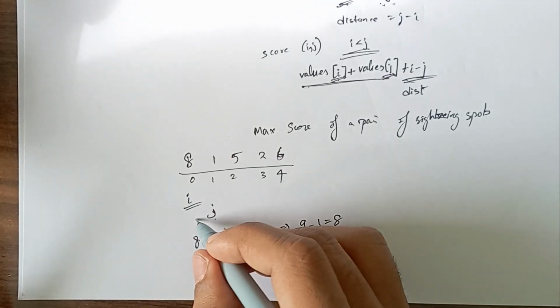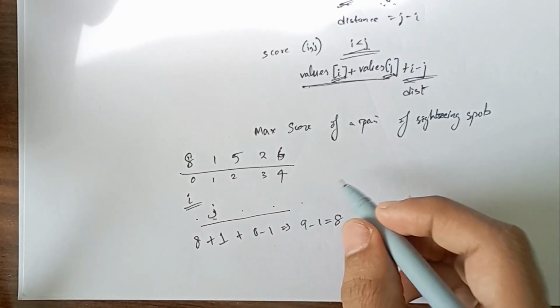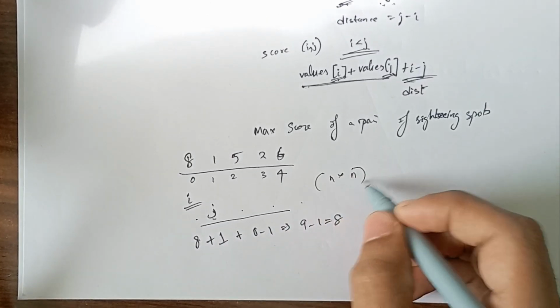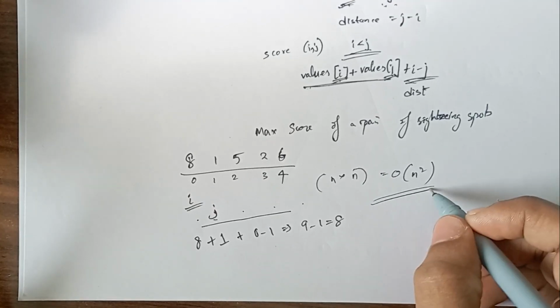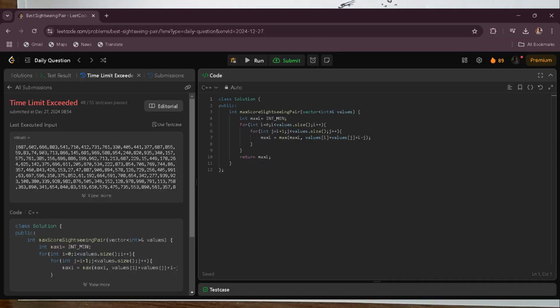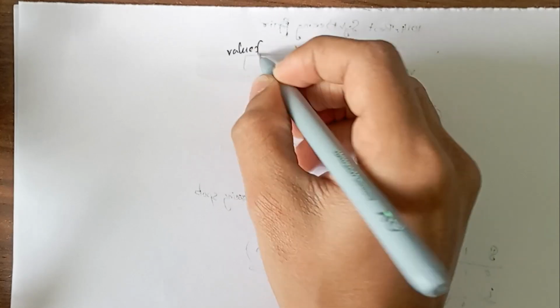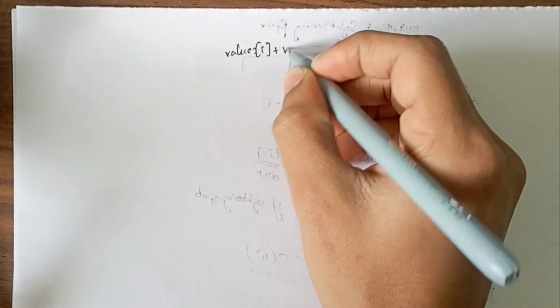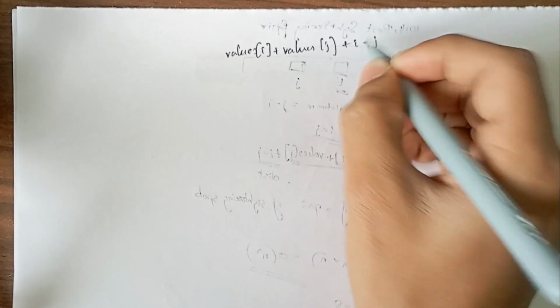But if you go through every element after i, it will be n into n, that will be big O of n square time complexity. So this will result in exceeding the time limit. If you see clearly, they gave us values of i plus values of j plus i minus j.